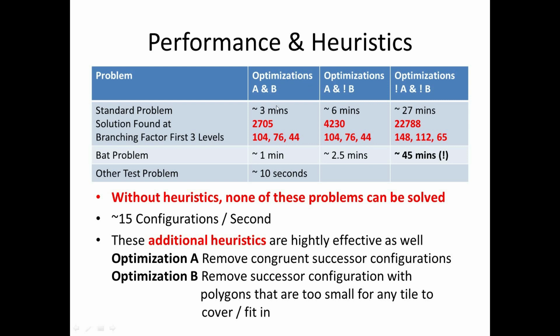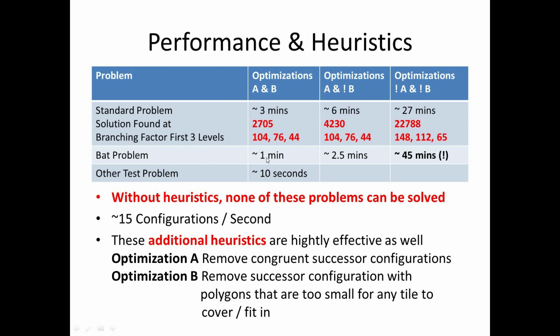With A and B enabled, we can solve the standard problem in 3 minutes. If we disable B, it takes 6 minutes. With both disabled, it already takes 27 minutes. For the bad problem, it's even more interesting.